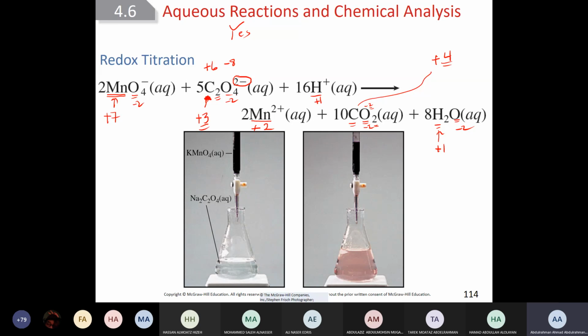Is this clear? Good. Doctor, can you explain the carbon, please? Oh, we can. Again, no problem. The carbon here, in C2O4 2 minus.